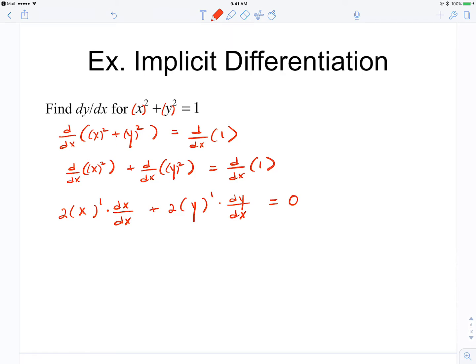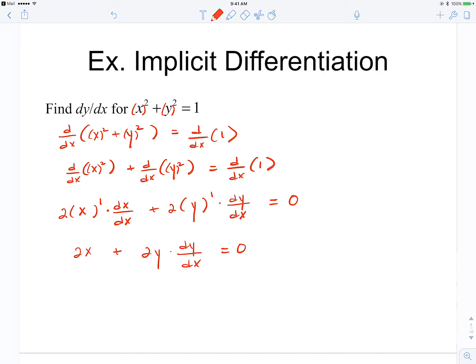So let me clean this up. We'll have 2x, because that would be 2x times 1, plus 2y times dy over dx equals 0. And now our goal is to find dy over dx.